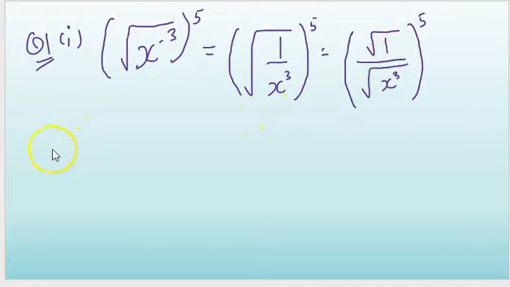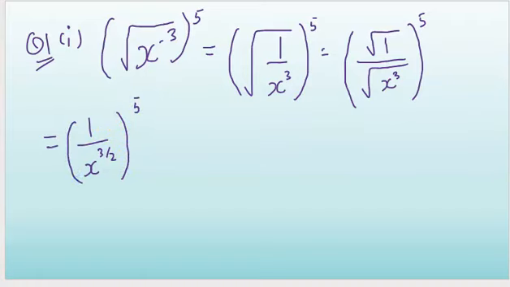We already know the square root of 1 will be 1, so I have written 1. Then see this step, x cube with this root sign will be x raised to the power 3 upon 2, in brackets with power 5.